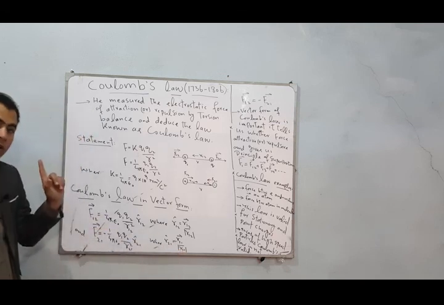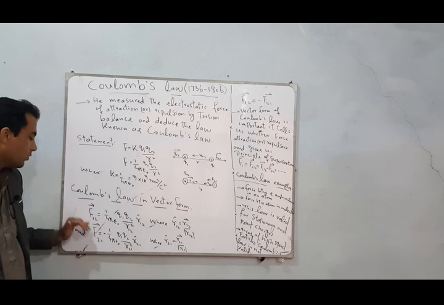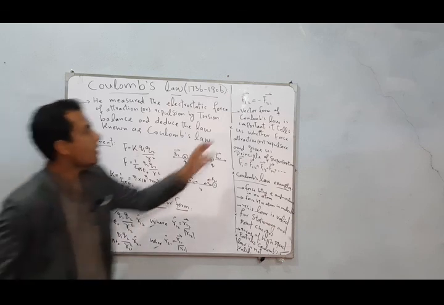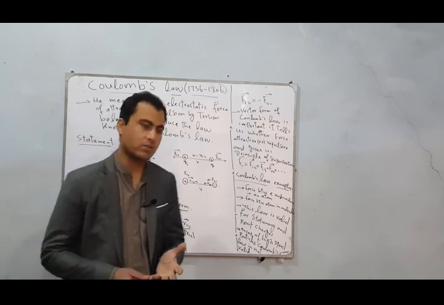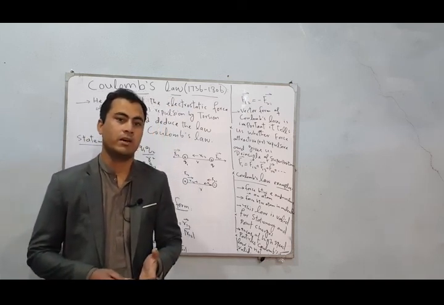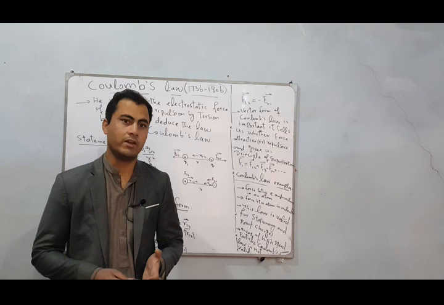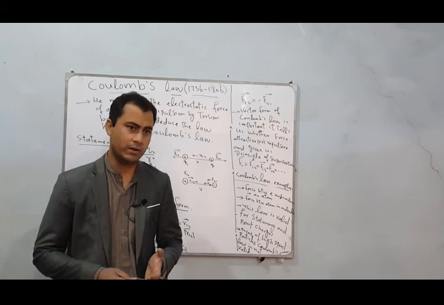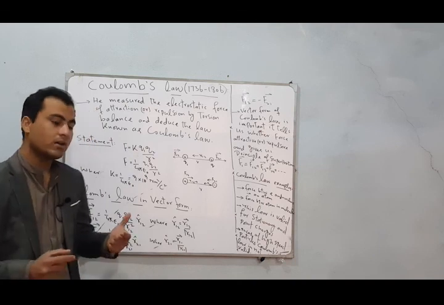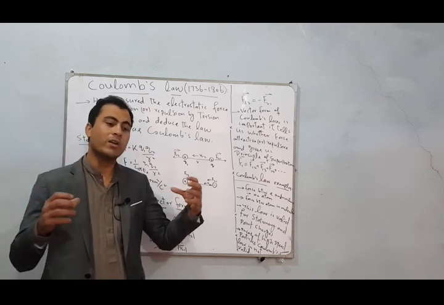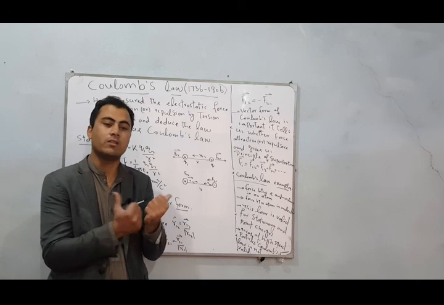Now, it must be noted that F12 and F21 are always oppositely directed, because from Newton's third law we know that every action has a reaction, and action and reaction are both equal in magnitude and opposite in direction. Another main point is that these forces are always oppositely directed, whether the force is attractive or repulsive.